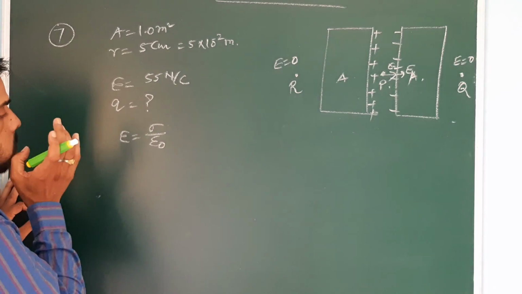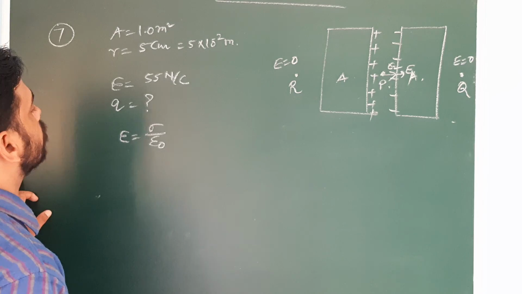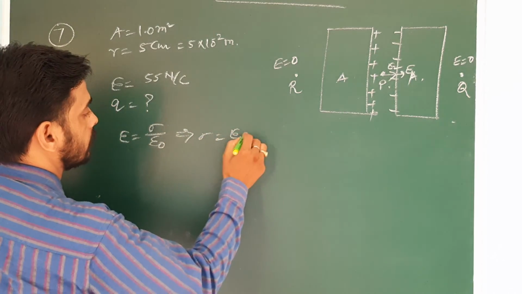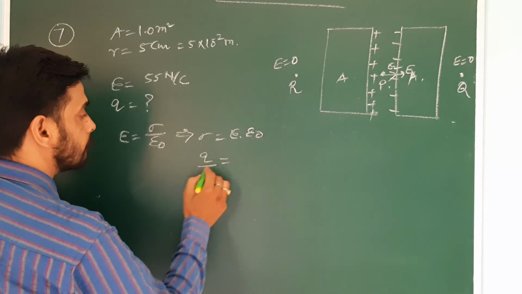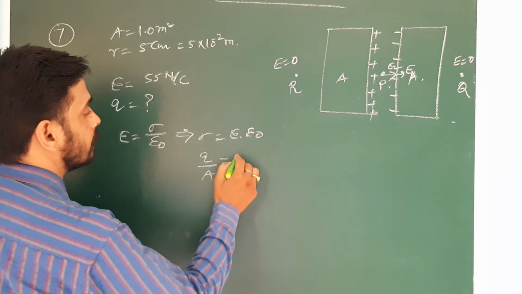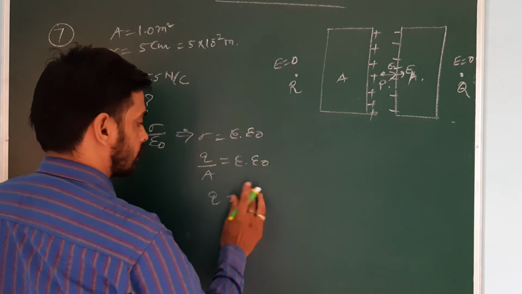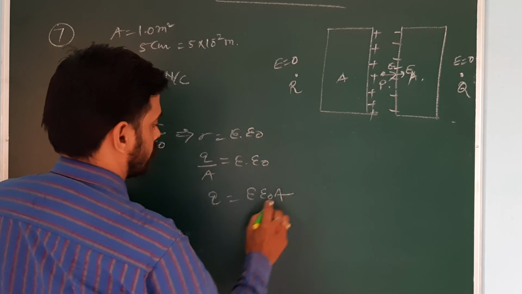E is given, epsilon naught you know. So therefore sigma is equal to E into epsilon naught. Sigma equals Q by A, so Q is equal to E epsilon naught A. Put the value.